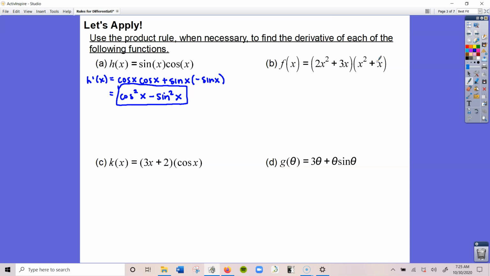Now, B is one of those examples where this would actually be easier if you multiply everything out and then use the power rule. But we're just going to go ahead and practice the product rule. So let's try it out.